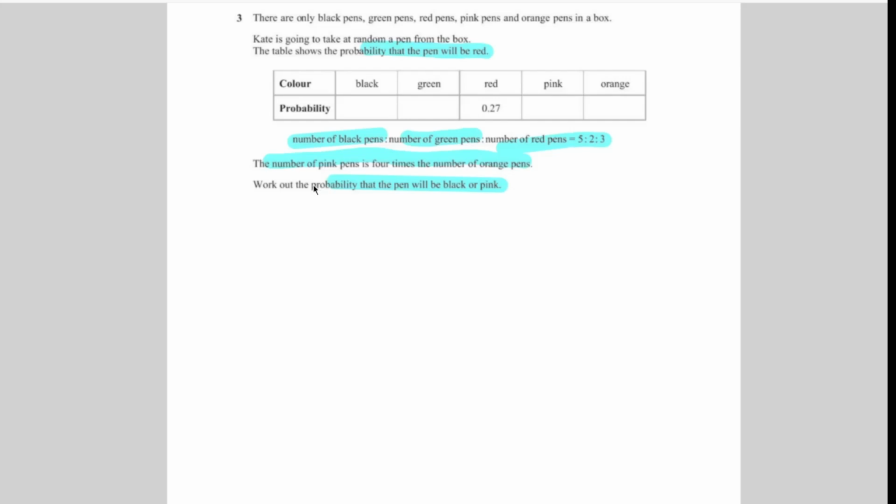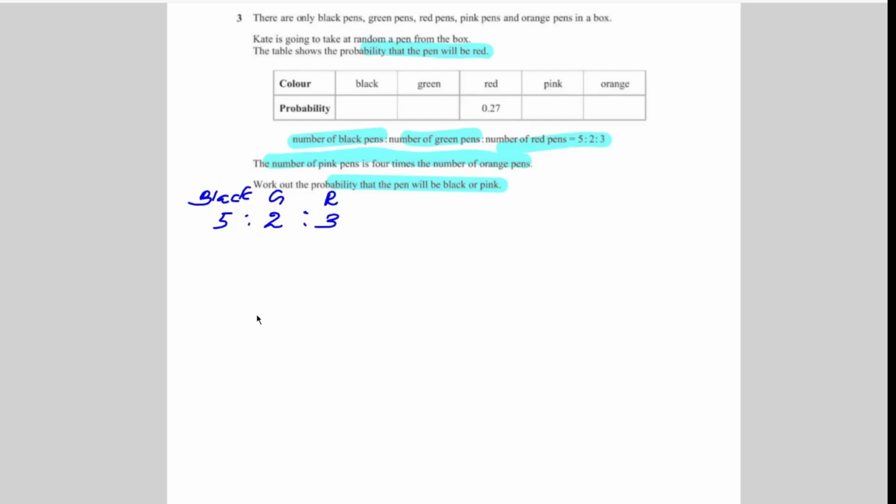Let's do it in this way. Let's derive this ratio first. 5 to 2 to 3 means black, green, and red.